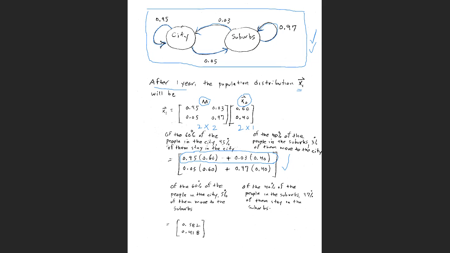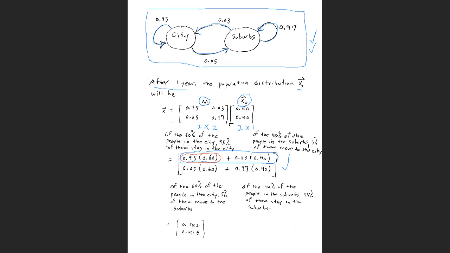But there's more to this than just the procedure of multiplying the first row in matrix M by the column vector x sub 0. We can interpret this matrix multiplication. You have first 0.95 times 0.60.